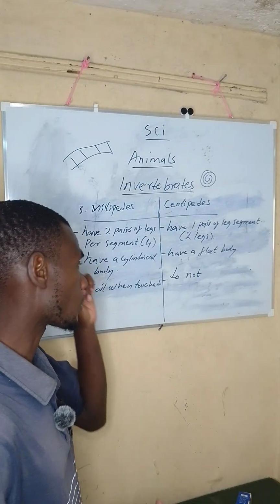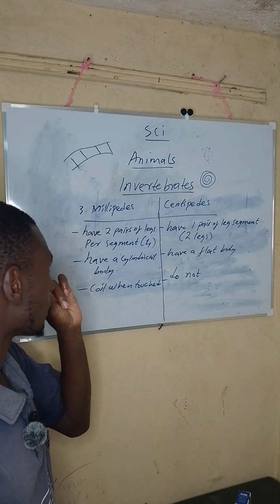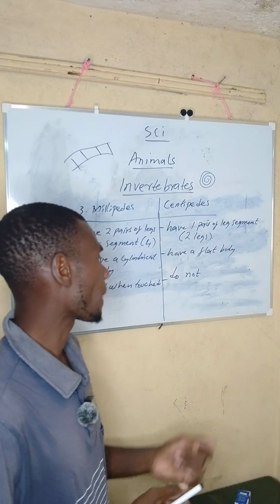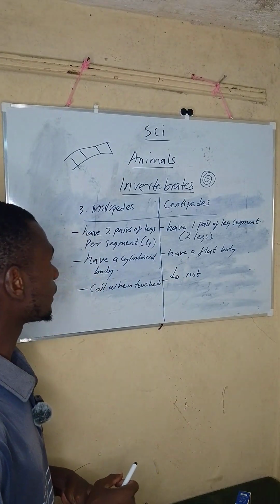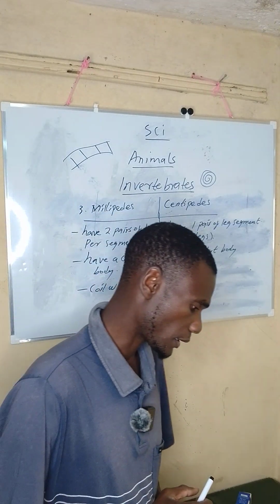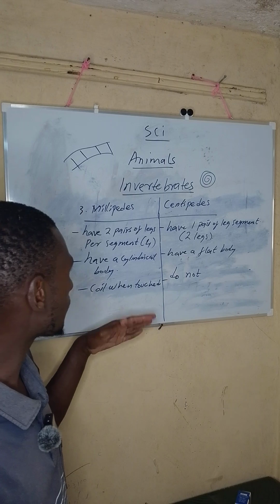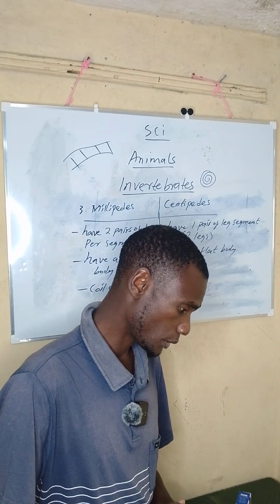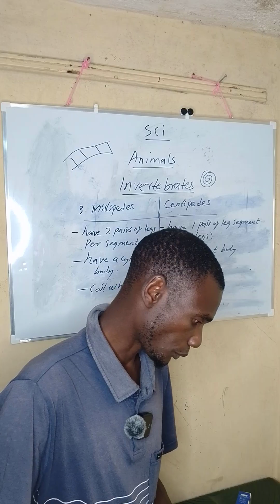In fact, you can't count those legs. They have very many. Though a millipede has more legs than a centipede, both of them have many legs. So those are the differences of these 2 animals, the millipedes and the centipedes.